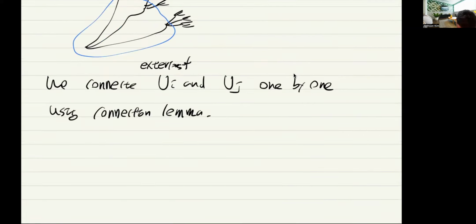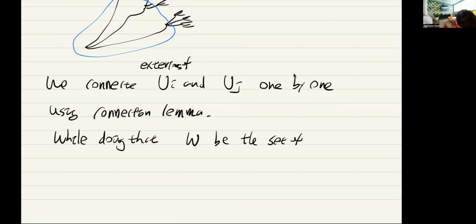While doing that, W is the set of vertices in the previously built path.